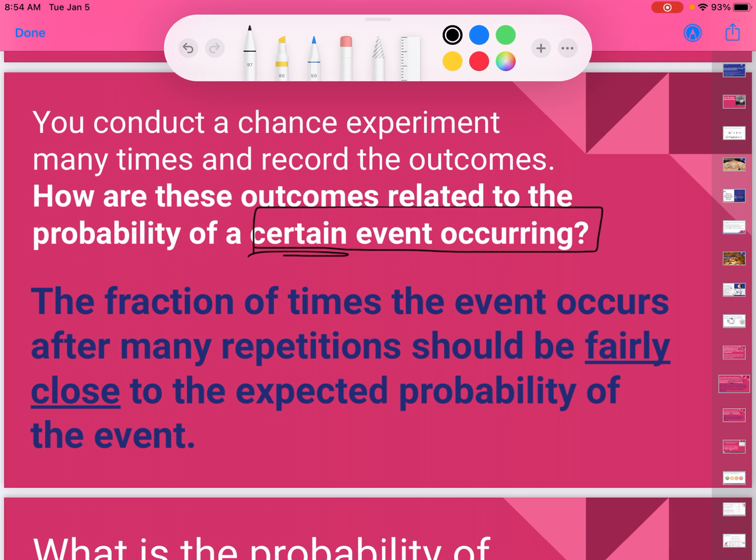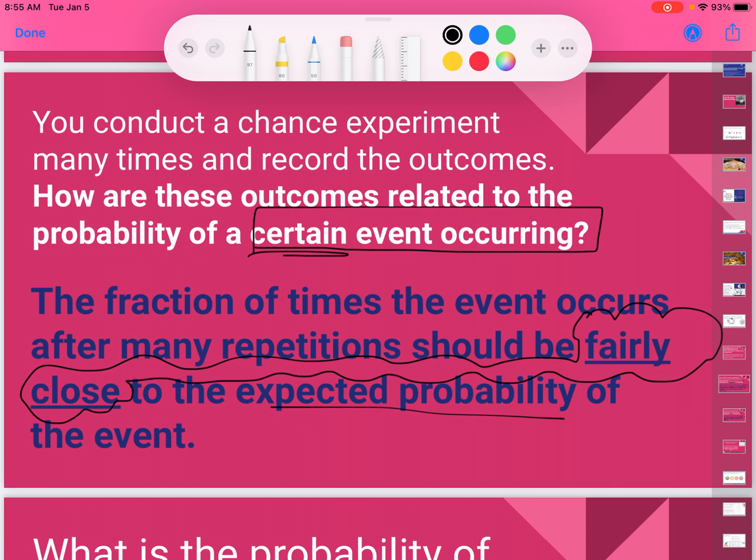So if the event was going to occur, the fraction of times the event occurs after many repetitions should be fairly close to the probability. So the more times you do the experiment, just like I've already said, the closer you're going to get to the expected probability. The expected probability is the mathematical probability, what should happen.